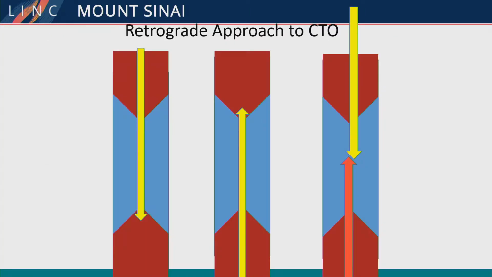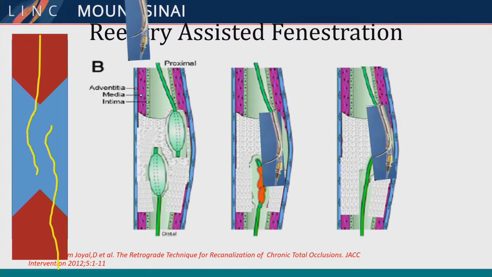Now, even with that, and sometimes before that, you can go retrograde. So retrograde access to CTOs is, I think, a necessary skill set, especially dealing with critical limb ischemia. And sometimes, even with retrograde access, you need to use reentry devices to pop into the balloon from below. So this is reentry assisted fenestration.